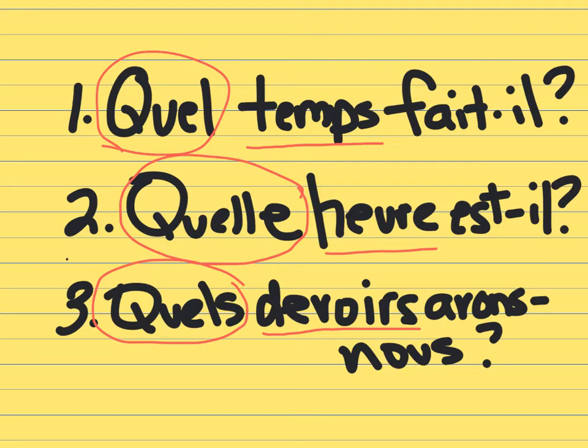So we know that temps is masculin. If you see it in number 2, that's not going to work. The quelle, Q-U-E-L-L-E, we see that that's the feminine singular. So heure is feminine, okay? Time or hour is feminine.